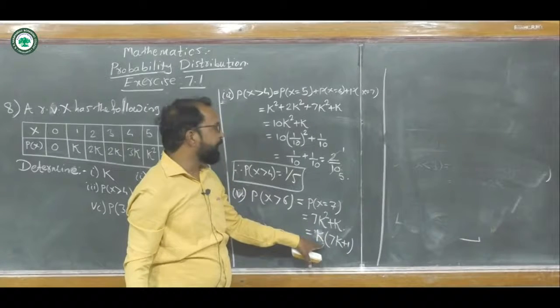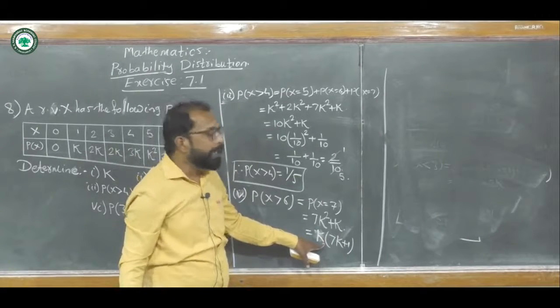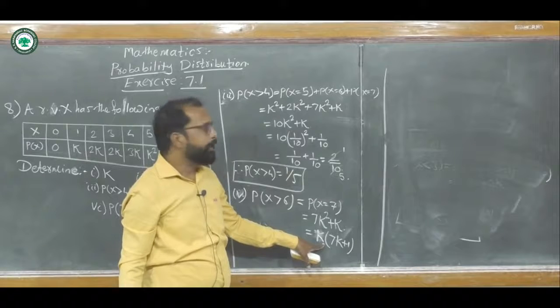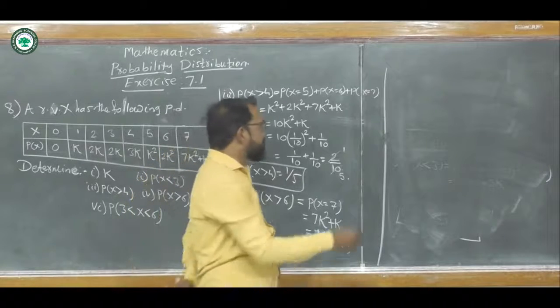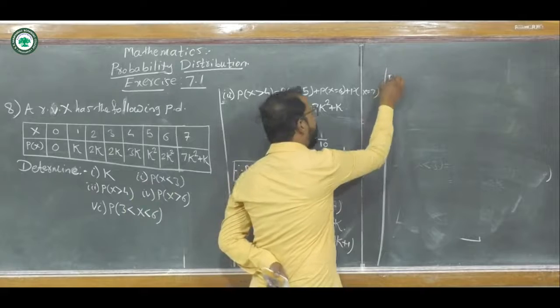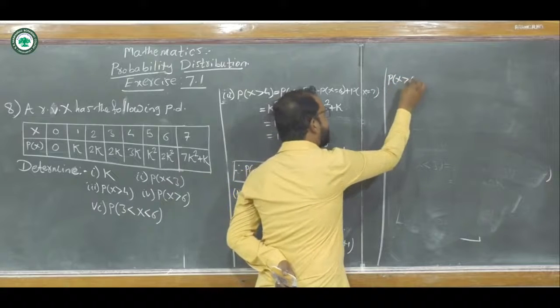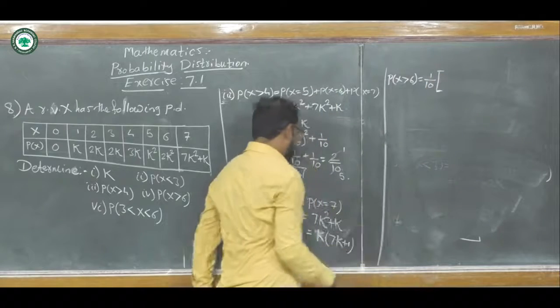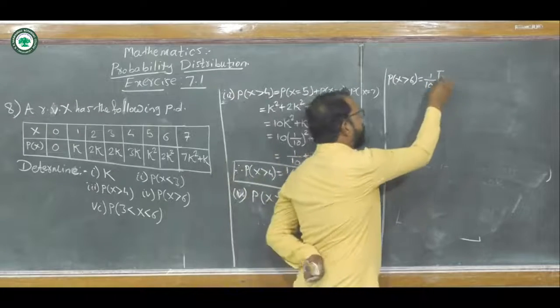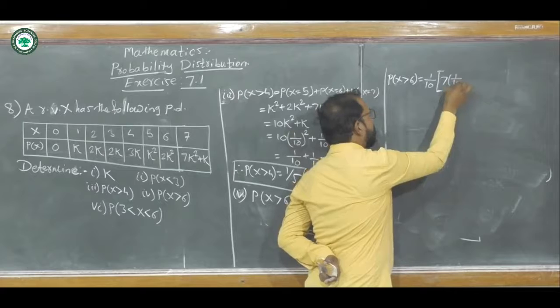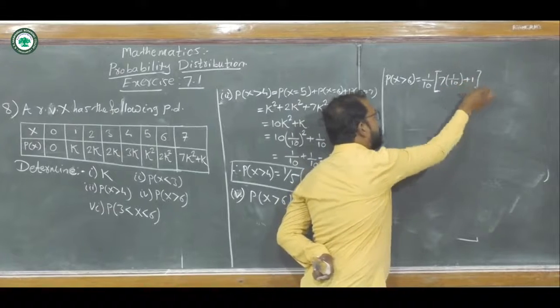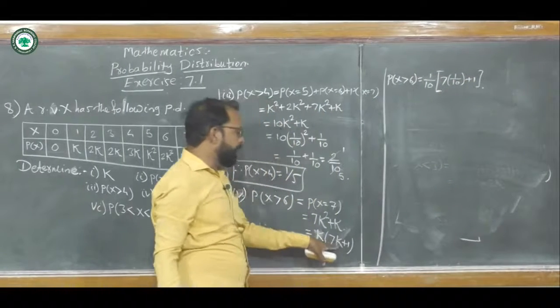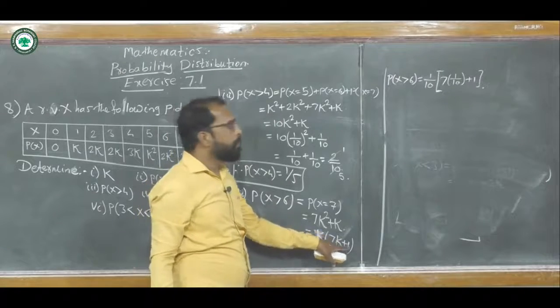Now put the value of k, that is 1 upon 10. So probability of x greater than 6 equals 1 upon 10 into the bracket 7 into 1 upon 10 plus 1.